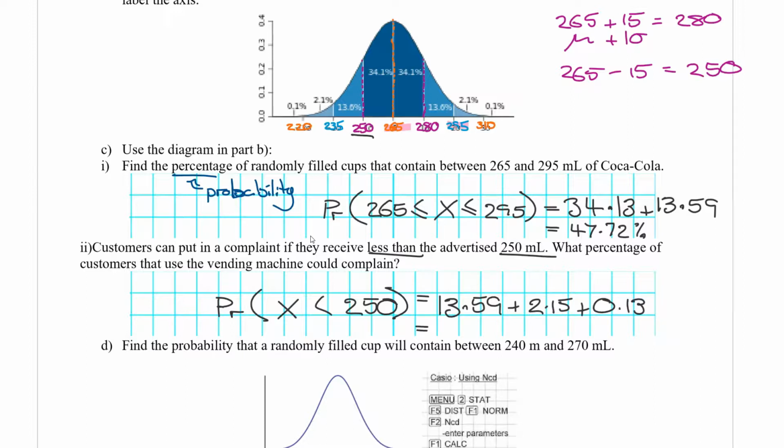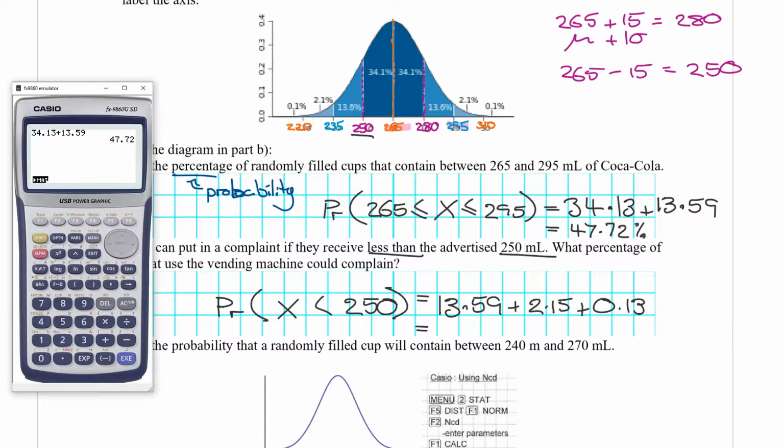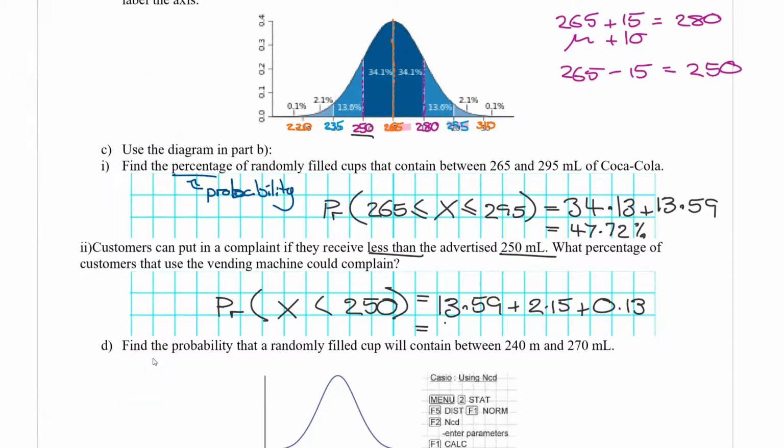Now if we sum all of those together, we find that our total area is going to be 16.17%. So yeah, quite an alarming amount of complaints that we could be fielding there.